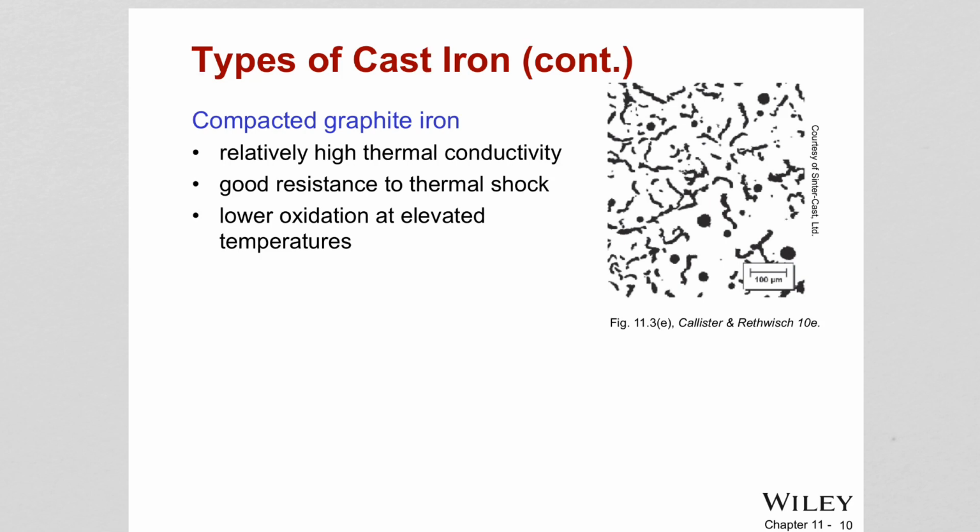A fracture may result from it, but materials with high thermal shock resistance can resist fracture with these sudden temperature changes. And it has lower oxidation at elevated temperatures. Therefore, it has important applications such as brake discs, flywheels, and diesel engine blocks.